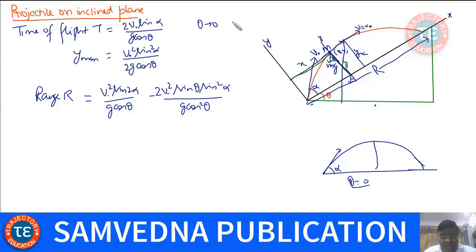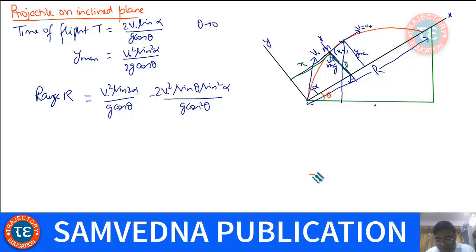Getting your point? Now there is one more case over here. Suppose instead of having projectile like this, I project the body down the incline, what will happen in that case? Then you don't have to work out a separate formula.